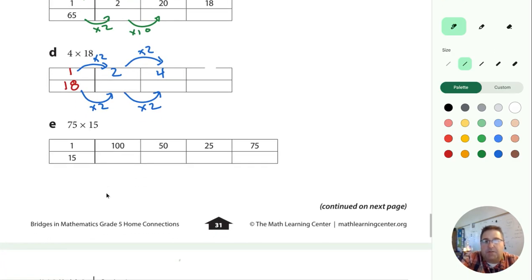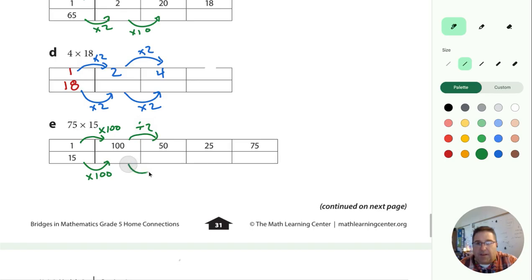And then the last one, our end goal is 75 groups times 15. So one group of 15 is 15, and kind of work from there. If we do 100, we'll multiply by 100. Then 50, what did we do? To go from 100 to 50, we divided by 2.